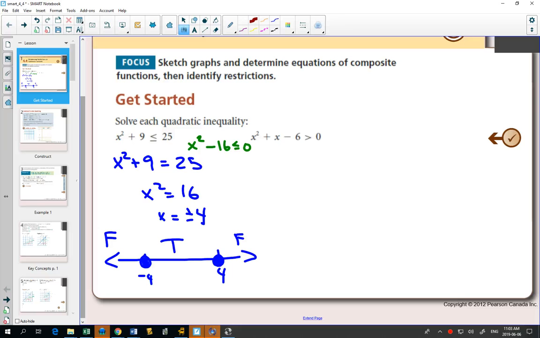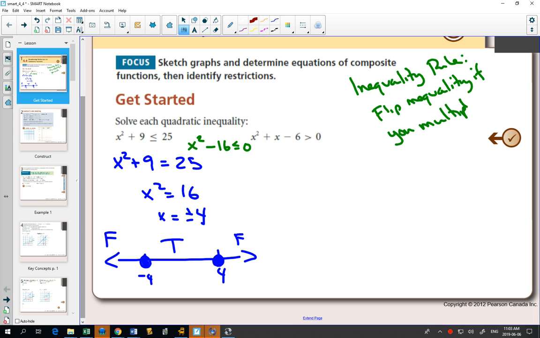So maybe you want to make a note if you've forgotten that inequality rule. Inequality rules: you flip an inequality if you multiply or divide by a negative. So subtracting 25 on both sides didn't change the inequality. But if I divided both sides by negative 1, I'd have to flip the inequality.